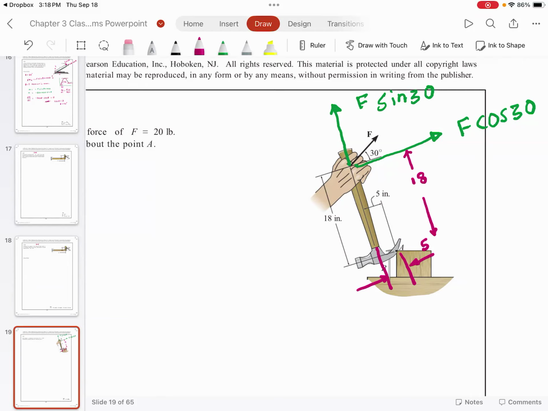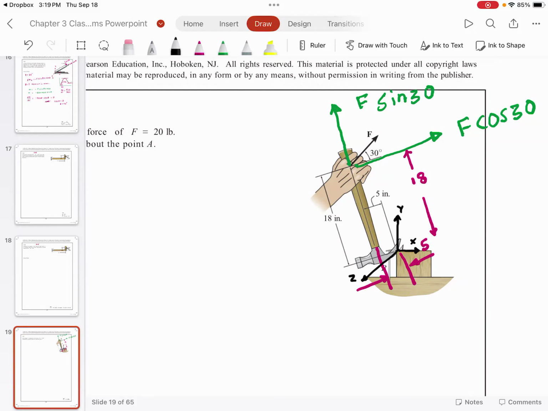Recognize your coordinate system. You can have the coordinate system about A, X, Y, Z. And then you should be able to find out the answer.